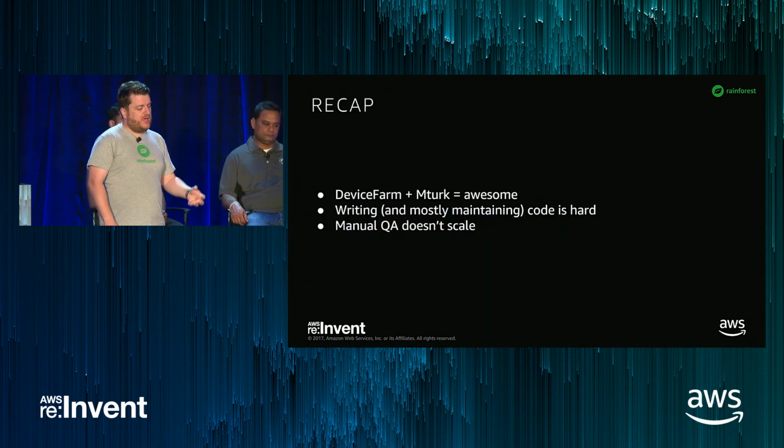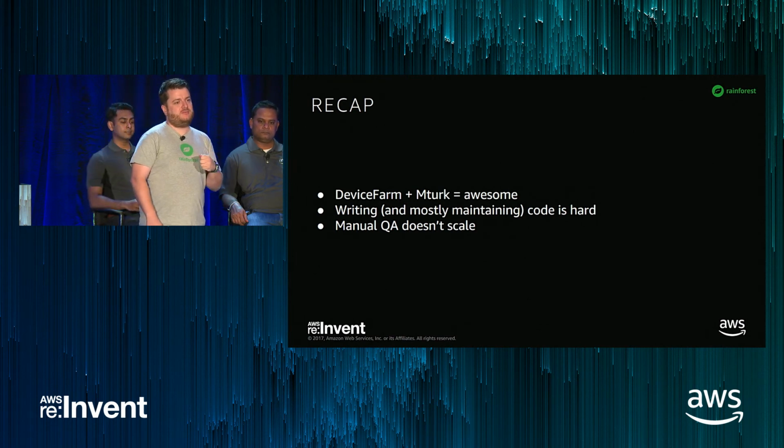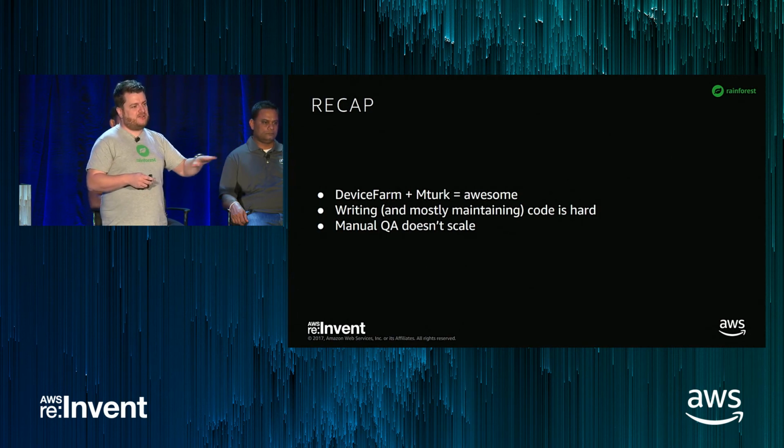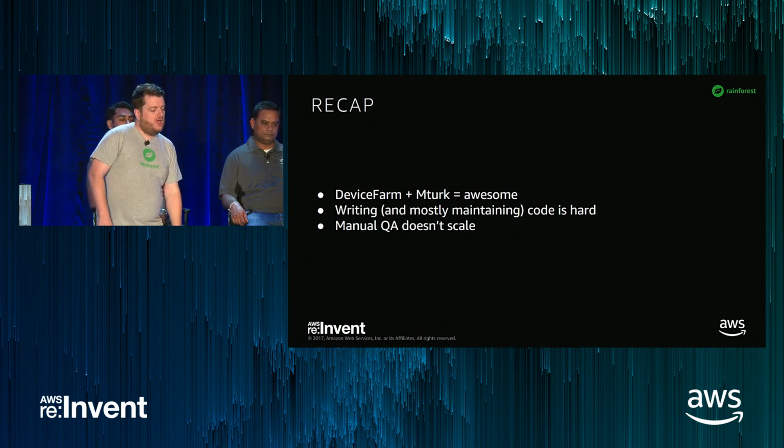OK, just a quick high-level recap. So Device Farm plus Mechanical Turk have given us the awesome superpower of not having to manage that desk full of devices ourselves or doing it in-house. We sit on top of Device Farm for all our native mobile testing. It's been awesome so far.